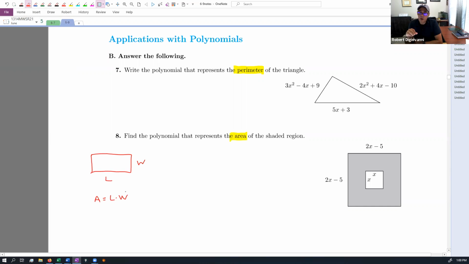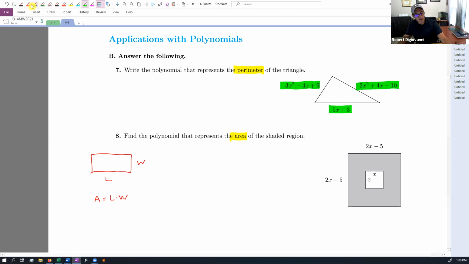I'm not going to work these problems out. I'm just going to talk you through them. This one says, write the polynomial that represents the perimeter of this triangle. That means they want to know what the perimeter is in terms of these sides. So you have to take this polynomial, add to it this polynomial, and then add to that this polynomial.